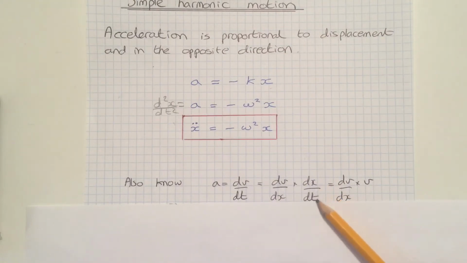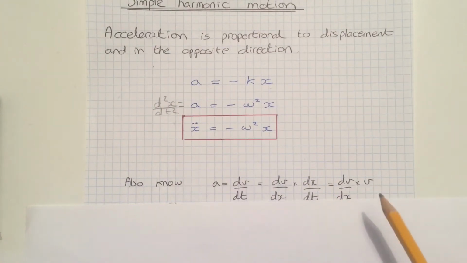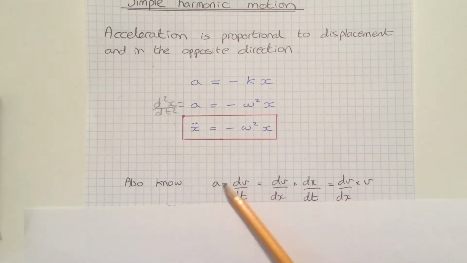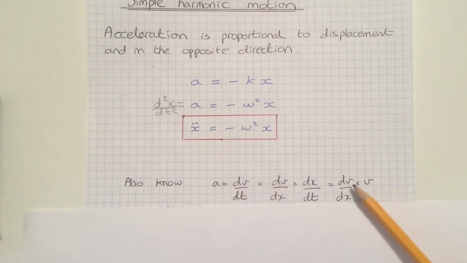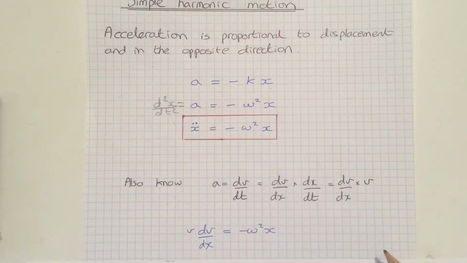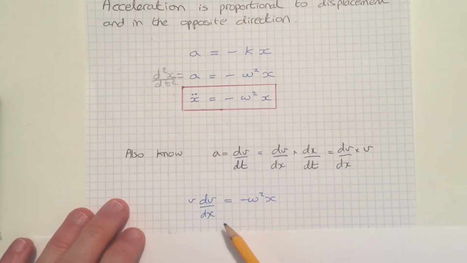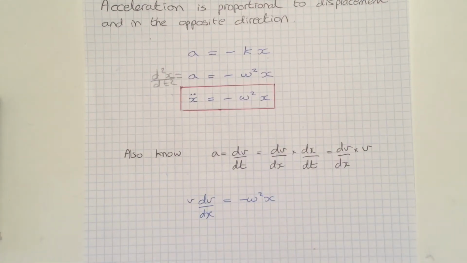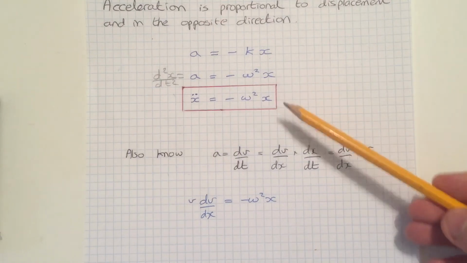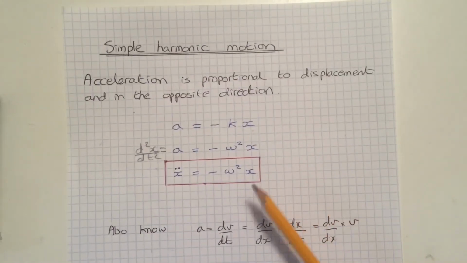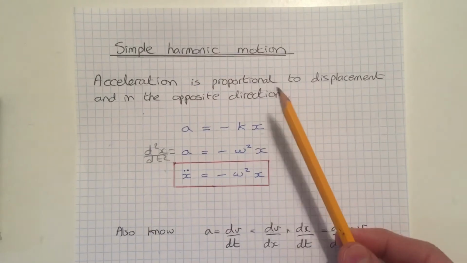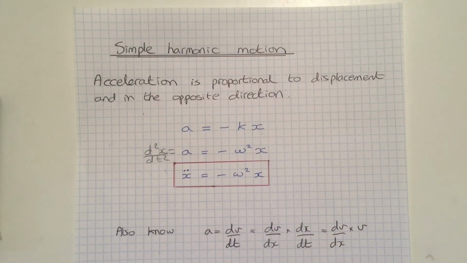And dx by dt is the same thing as the velocity. So instead of writing the acceleration here, I could write dv by dx times the velocity. And that's a slightly different way of writing the equation for simple harmonic motion. Most of the time it is written like this, however, because that gives us our definition.